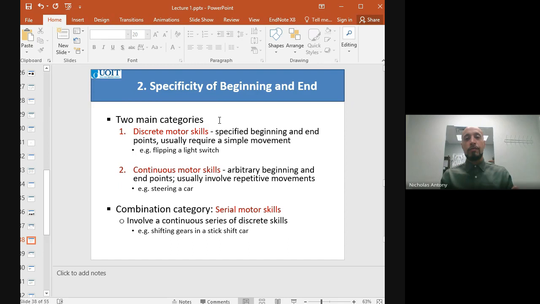Is it the flexion of the hips? Does one stride count as one motor skill, or is it the whole time? The beginning and end of that motor skill is arbitrary because it's a repetitive motion. That's called a continuous motor skill, where it's hard to point out the beginning and end. It seems to be all one big movement, whereas discrete motor skills have a defined beginning and end.